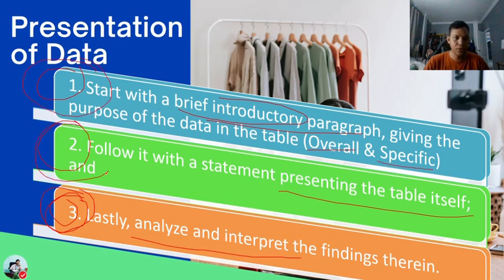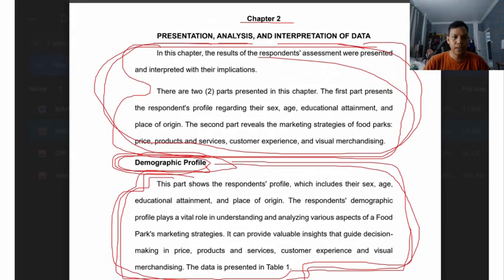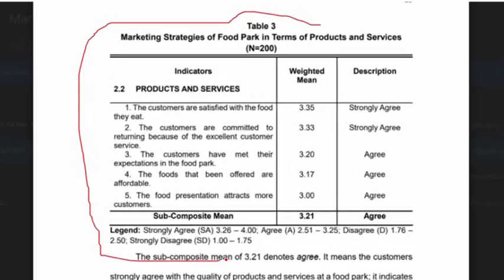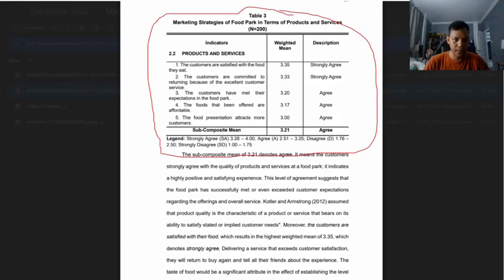Now let's proceed to part 2. Follow it with the statement presenting the table itself. So after the brief introductory in the overall and the specific area, part 2 will be the presentation of the data in the table itself.